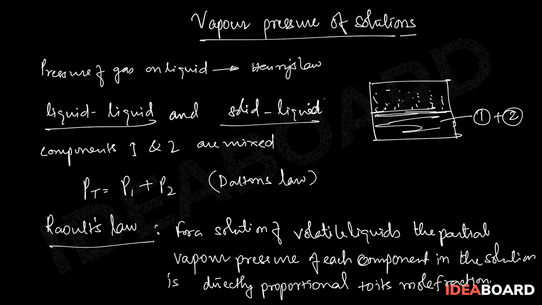Let us consider that P1 and P2 here are the partial pressures of the vapors of the respective components, and let us consider x1 and x2 to be the mole fractions of the respective components in the solution.